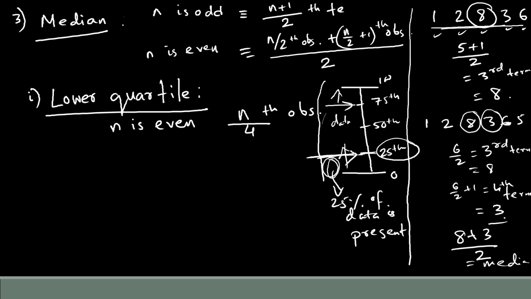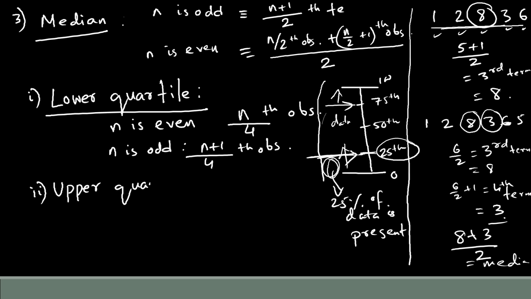So I hope you understood the lower quartile when n is even. When n is odd, it will be the n plus 1 divided by fourth observation. So that time you have to do n plus 1 divided by 4. Similarly, when you have to find the upper quartile, there are two cases.